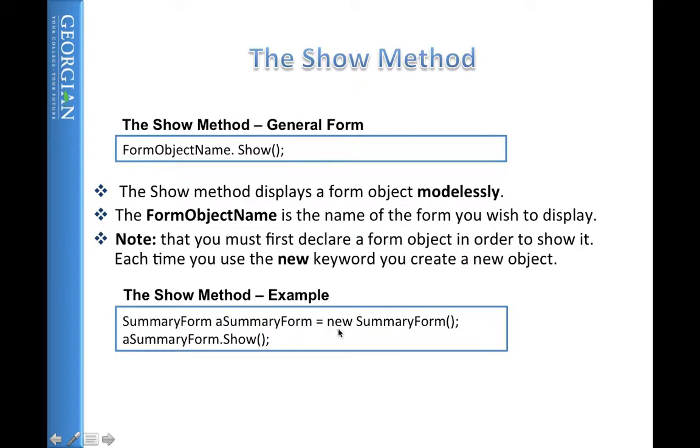You're using the new keyword, and you're using the name of the class or the form that you've designed to create this instance. And now we're using the Show method. And again, this is a form that comes up modelessly. So it doesn't mean you can click away from this form. You don't have to respond to this one right away.